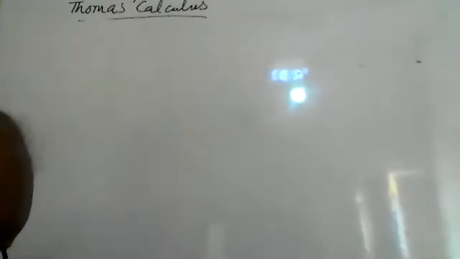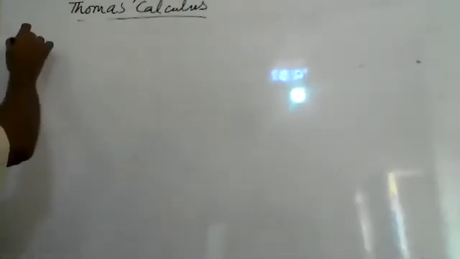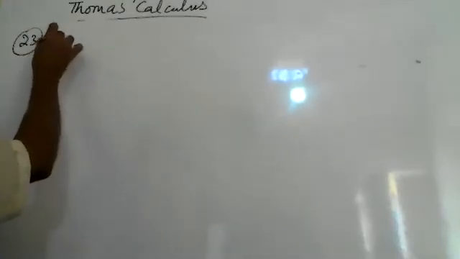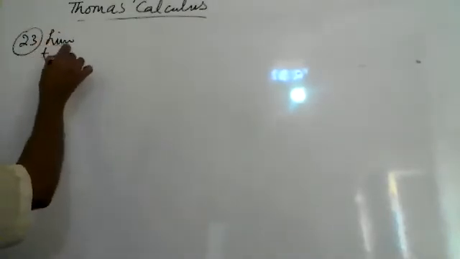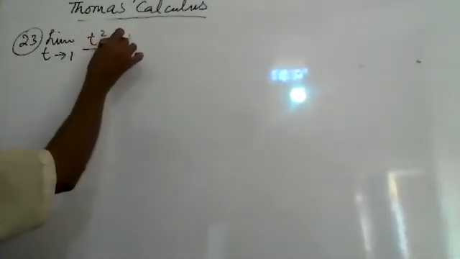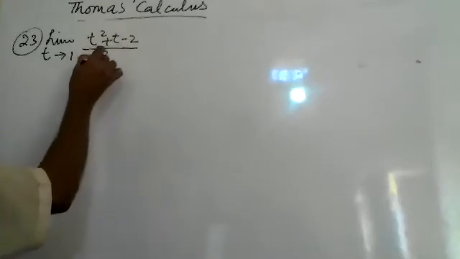Question number 23: limit t tends to 1 of t square plus t minus 2 upon t square minus 1.